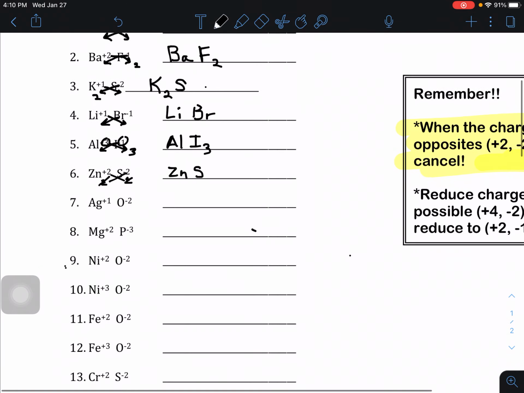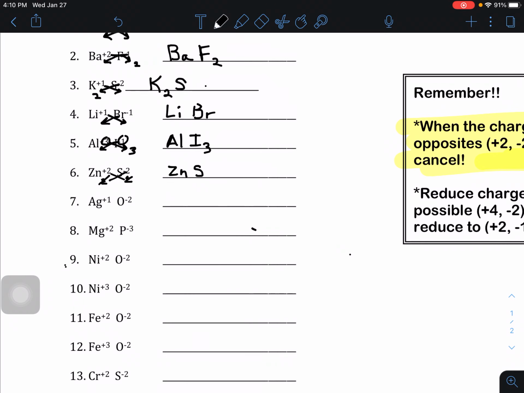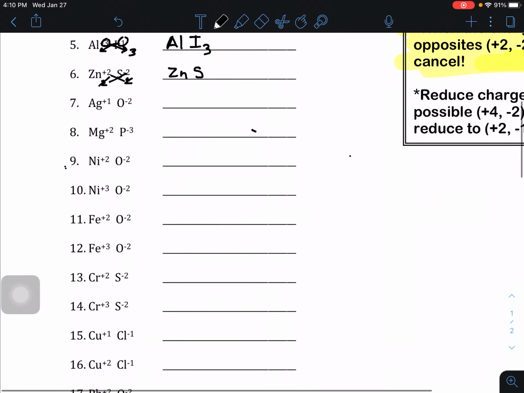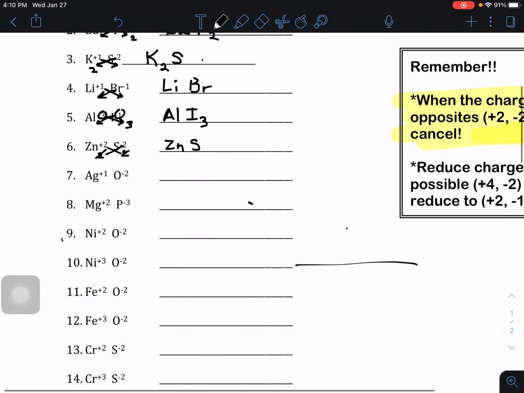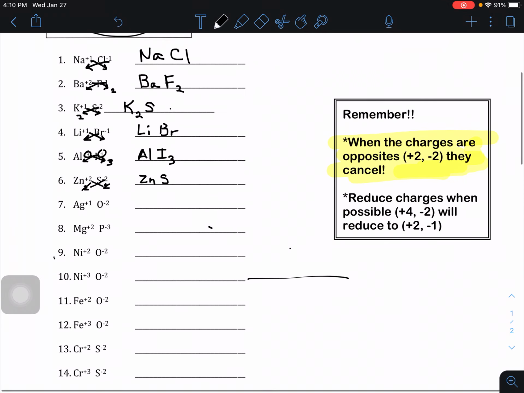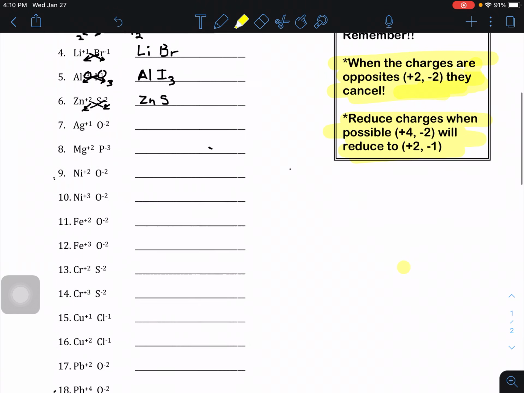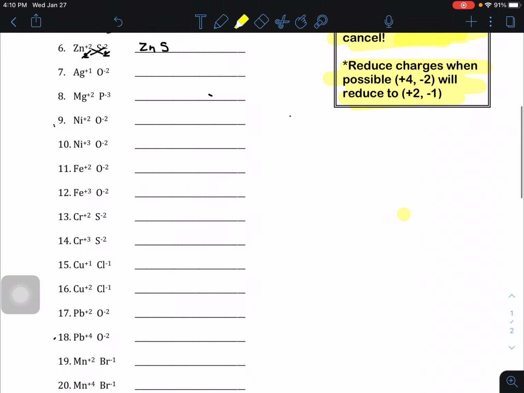Let's drop down one more example here and talk about this other exception to the rule: reduce charges whenever possible. For the 4 and the 2, we have an example here on number 18.